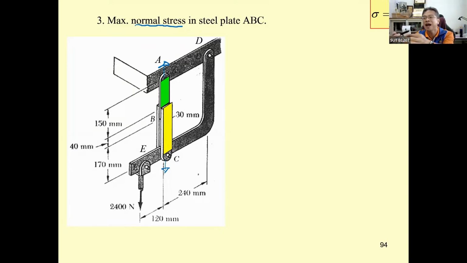And also, since there is a hole, the normal stress also occurs on this one. Let me put this one in 2 dimensions. Okay, this is going to be the member and glue it at this portion.